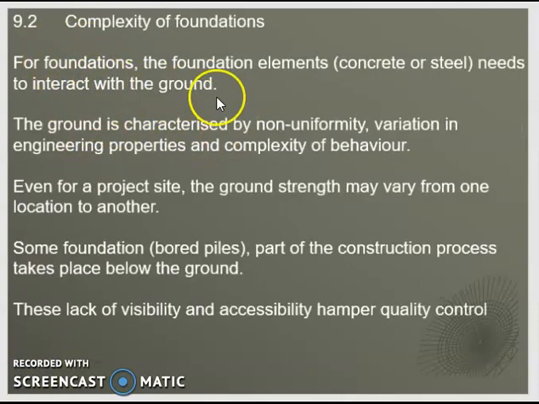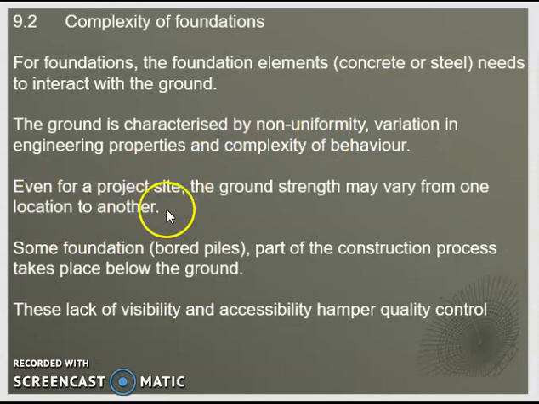For foundations, the foundation elements, be it concrete or steel, need to interact with the ground because they are directly in contact with the ground. And normally the ground is non-uniform in its makeup. There will be a variation in the engineering properties, and the behavior is complex compared to the above-ground structure.